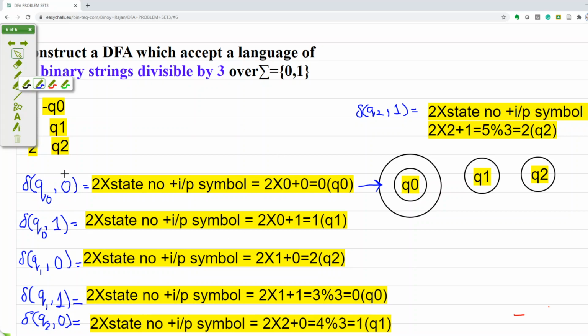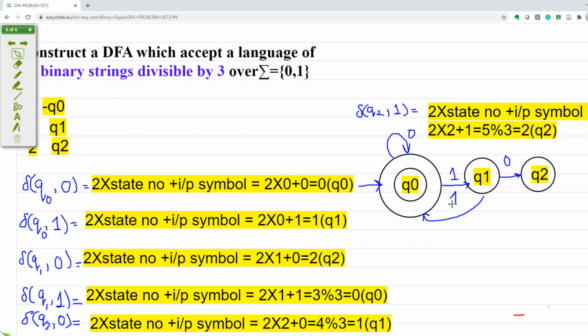So Q0 with 0 as the input symbol, I am in Q0. That is a self loop with 0. Q0 with 1 means I am moving to Q1 state. Q1 with 0, I am in state Q2. Q1 with 1 means I am in state Q0.